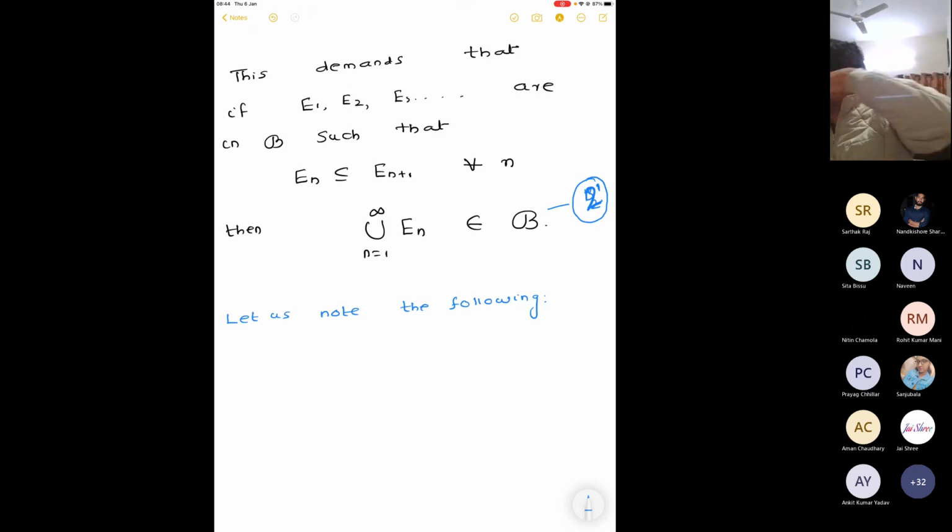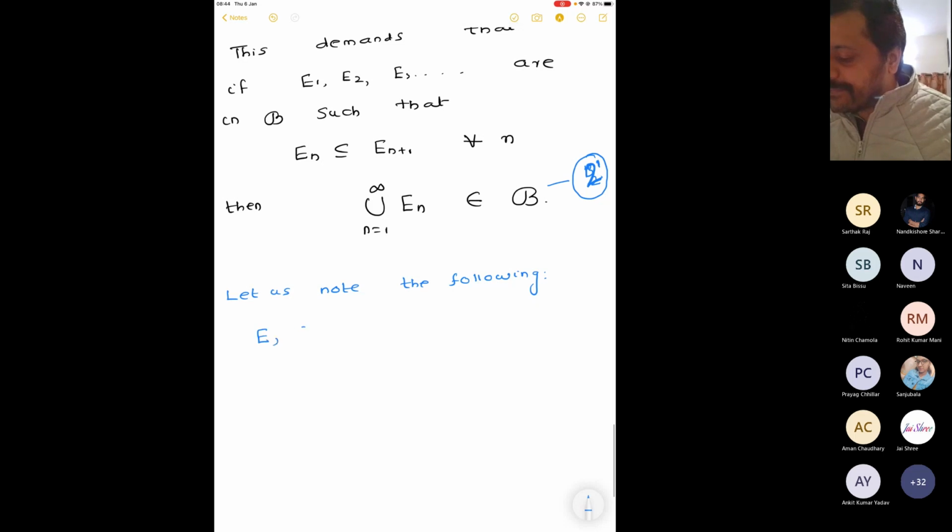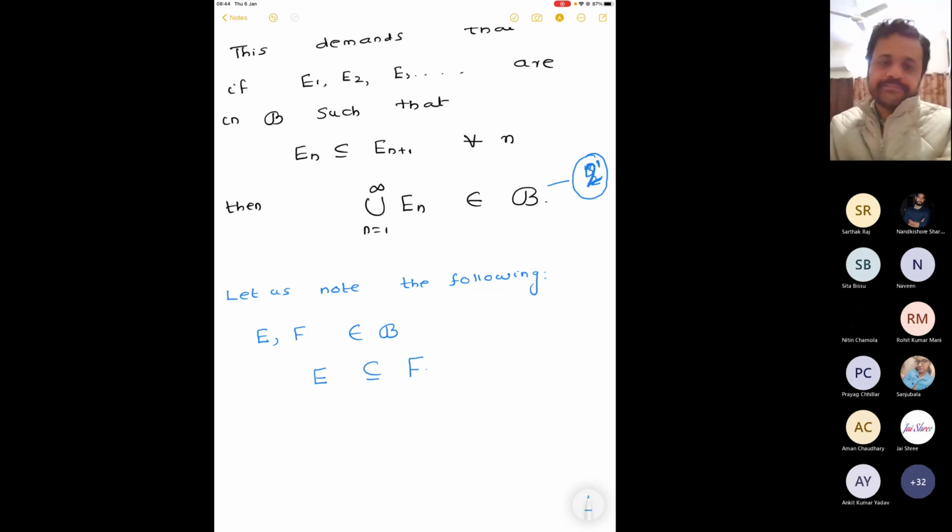Let us note the following. Suppose I have E and F, and suppose that I can measure these two. That means E and F are in B. And suppose E is contained in F. Can you tell me, from your experience of measuring length, volume, area, etc., what connection you want between mu E and mu F?